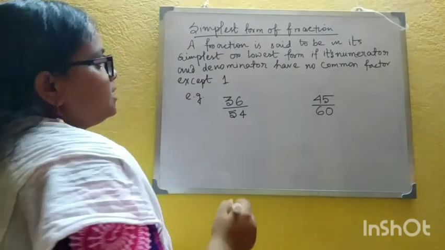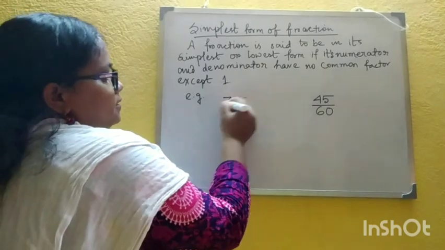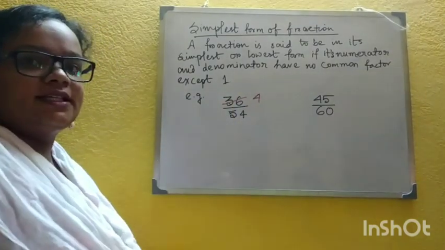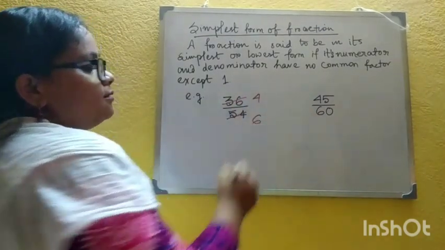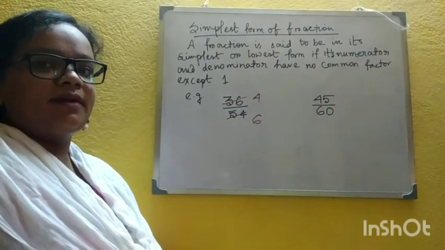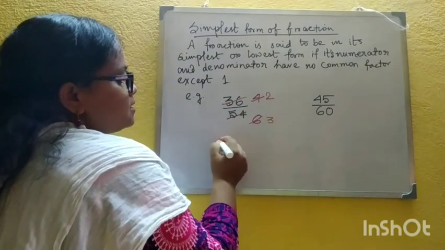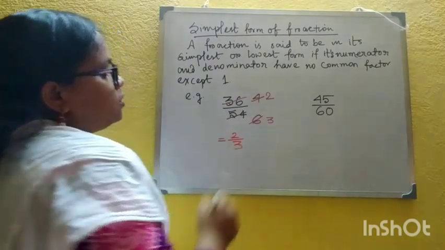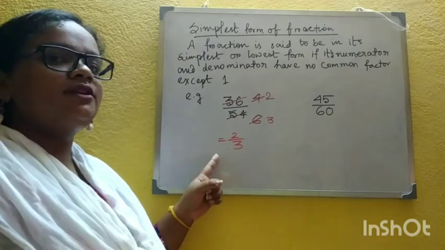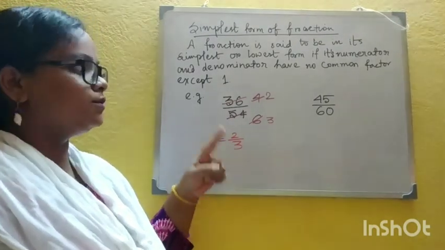We all know that both of these numbers are divisible by 9. 9 4s are 36, 9 6s are 54. Again 4 and 6 are divisible by 2. 2 2s are 4, 2 3s are 6. So 2 by 3 is the simplest form of this fraction, 36 by 54.